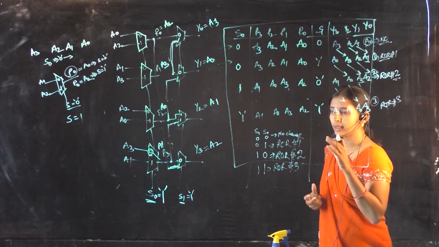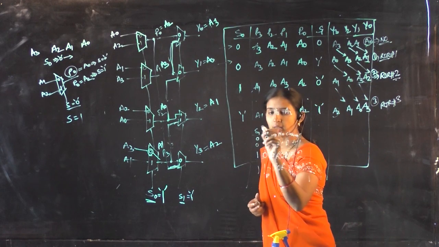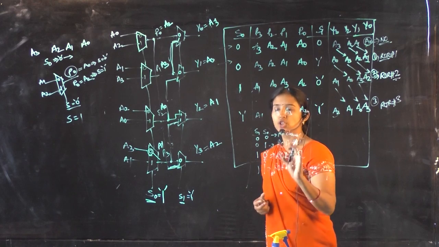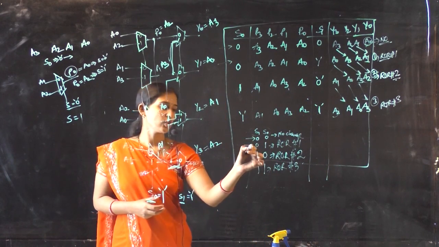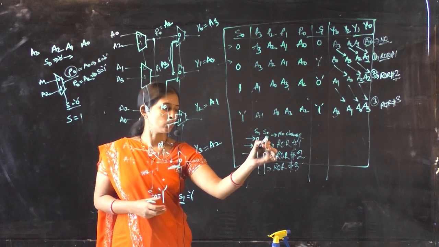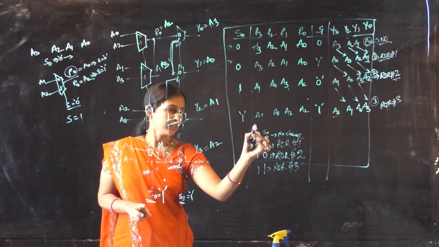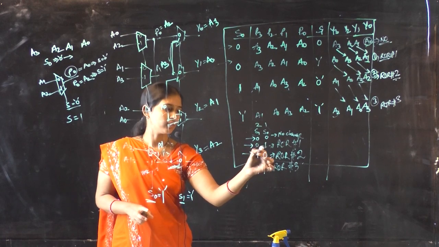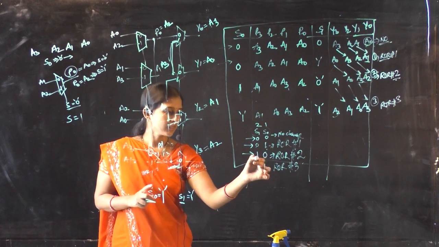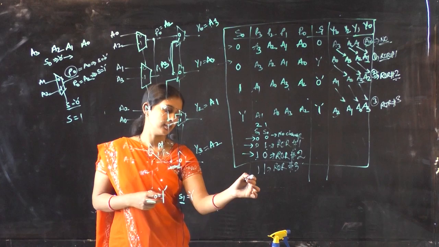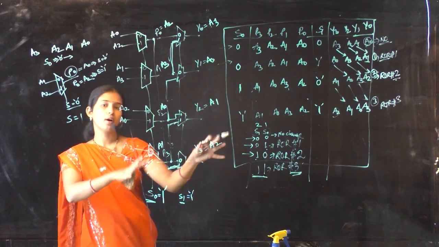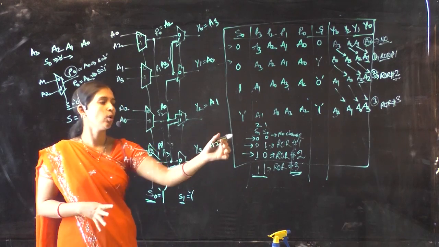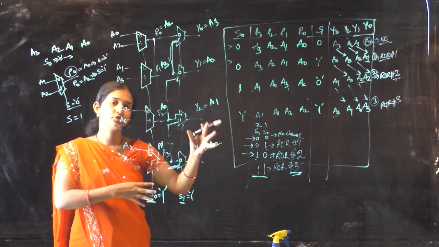So at last what I mean to say is that this selection line decides the shift. This selection line defines your shift. See here, 0, that means no shift has come. 1 means only one shift. 2 means 2 shifts have occurred. 3, that means 3 shifts have occurred. So this is what you have to keep in mind, that depending upon your selection, your shifts will be there.